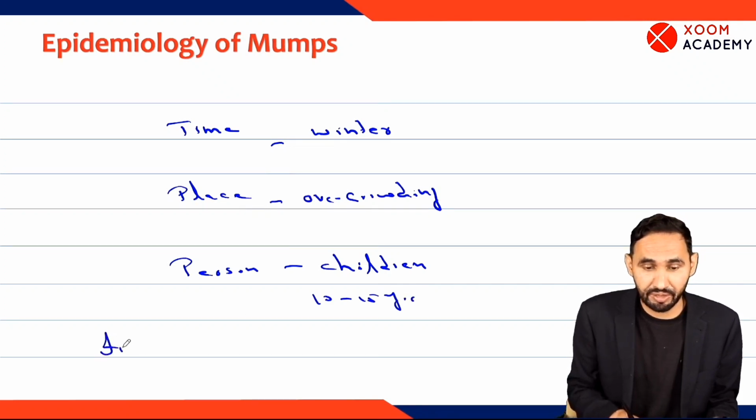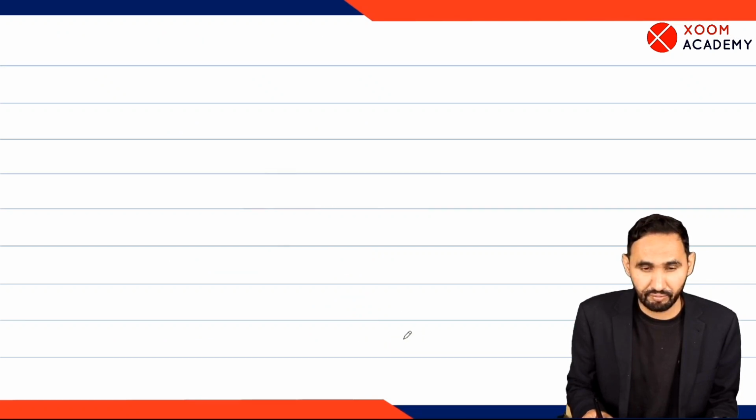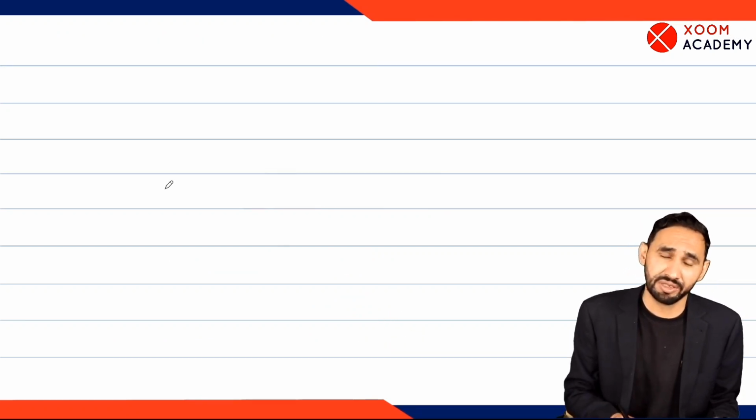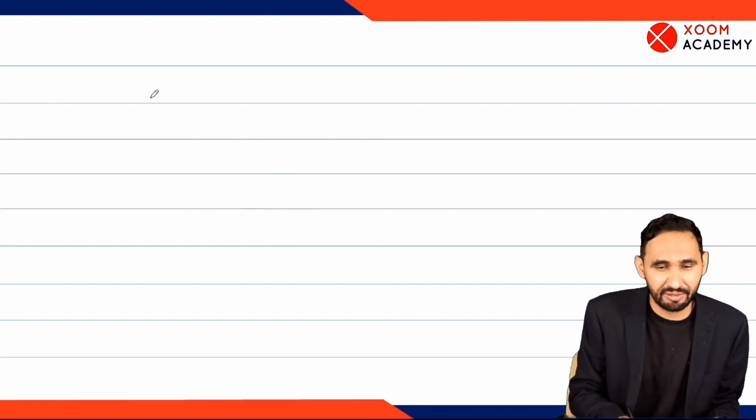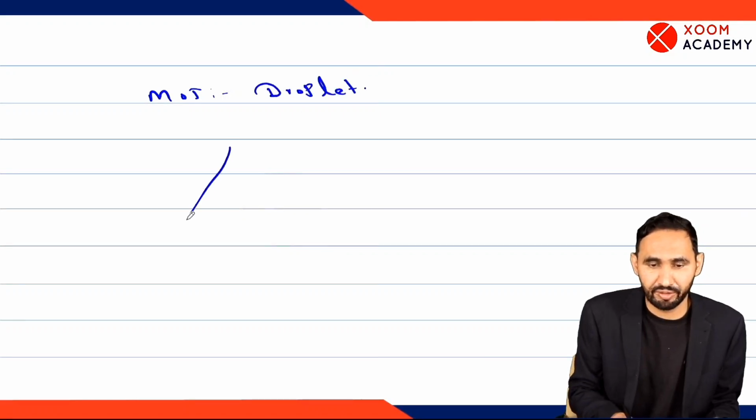What is the incubation period of mumps? It is 2 weeks. Mode of transmission is same as measles. It spreads through droplet infection. If we draw epidemiological triad of mumps, it's a viral disease that is caused by myxovirus.